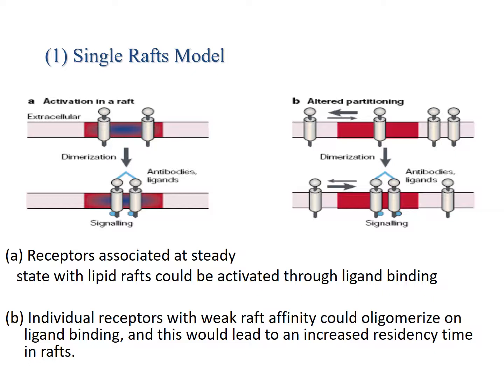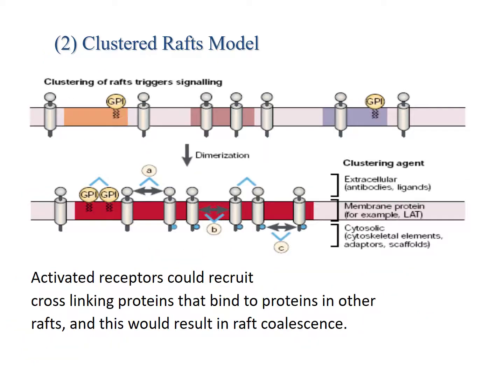So there's two kind of flavors right now of the single raft. Then there's the clustered raft models that says that different receptors are in different rafts, which themselves are different. And it shows the extracellular, the transmembrane, and the cytosolic elements here. So receptors are activated.